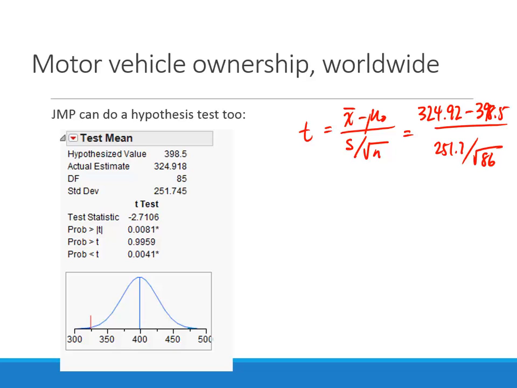And again, because my alternative was that the mean was less than 398.5, I can pick out my p-value right there. So what am I going to do here? Am I going to fail to reject or reject if my p-value is 0.0041? I'm going to reject the null hypothesis. That's right.